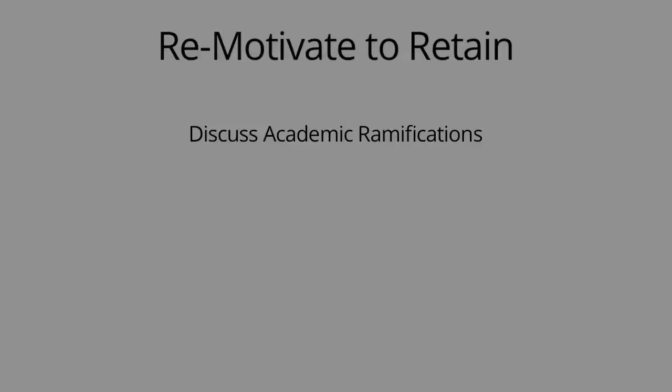Use the current tools and processes to inform the student of the potential grade impact and degree plan changes. 2. Discuss financial ramifications. Refer to the appropriate refund calculator tool to inform the student of potential percentages that will be owed to Bellevue University on the date the withdrawal or drop occurs.